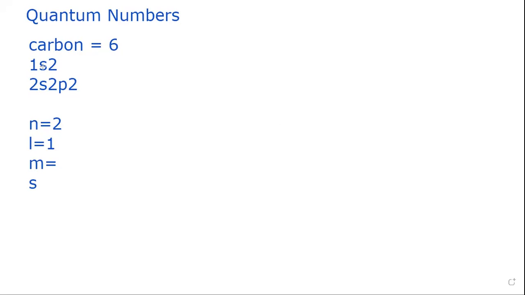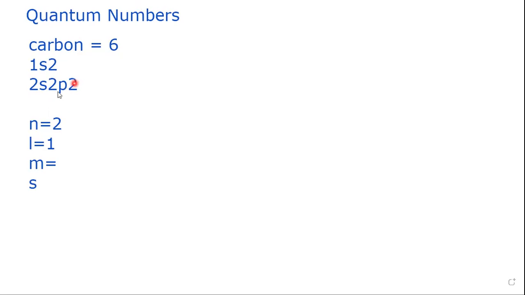So in sublevel S, where you can have 2 electrons here, how many orbitals do you need to hold 2 electrons? I will repeat the question. 1. Just one. Why? Because in one orbital, you can have 2 electrons.